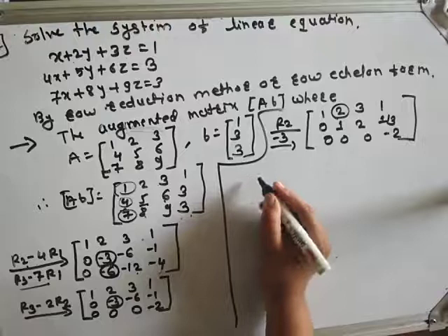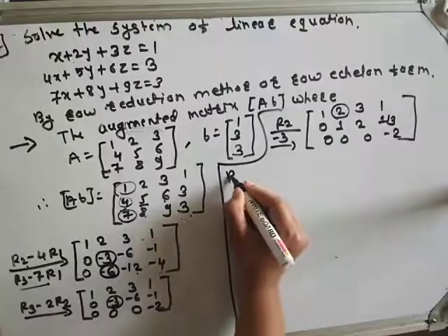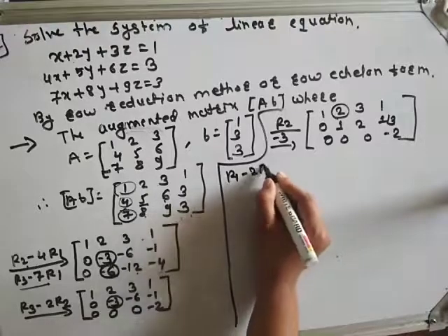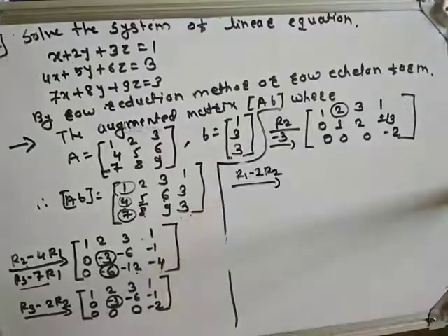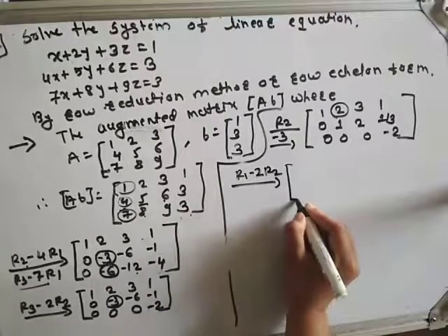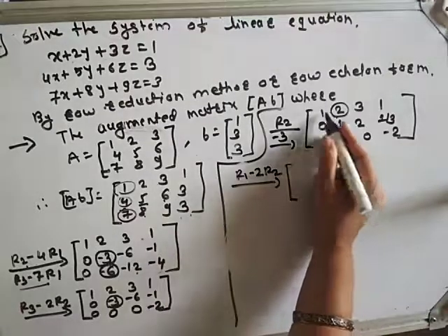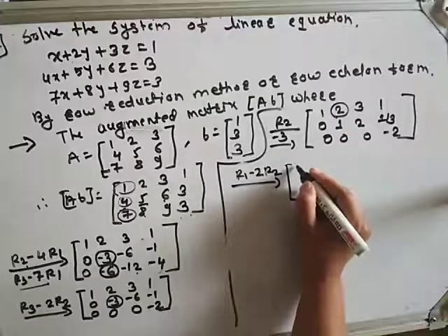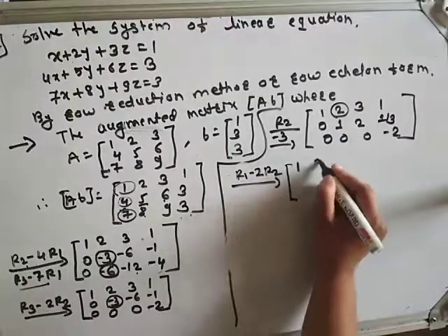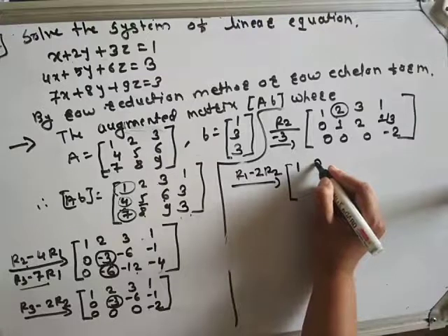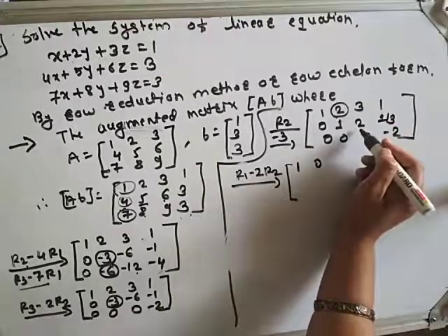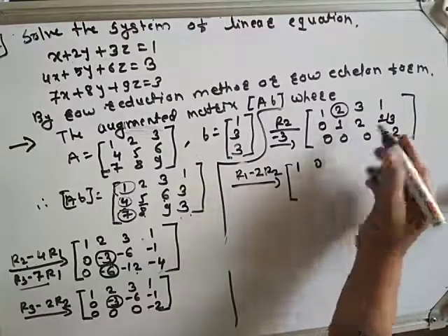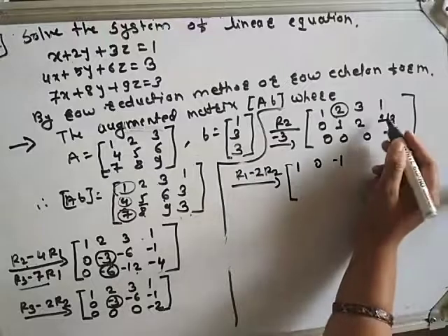Therefore we perform the row operation R1 minus 2R2. 1 minus 0 is 1. 2 minus 2 is 0. 3 minus 4 is minus 1.